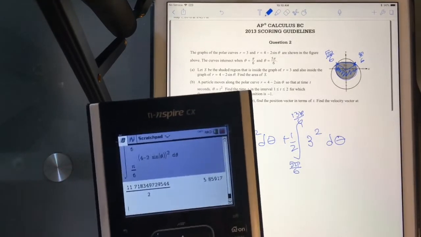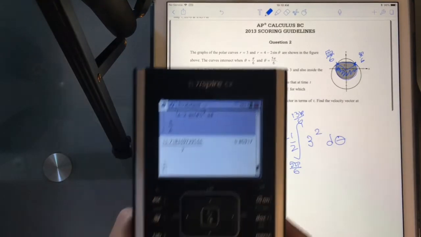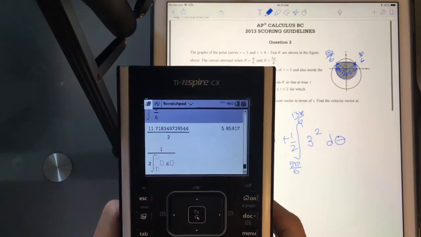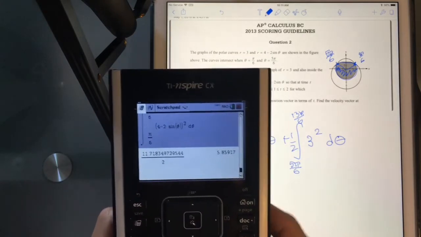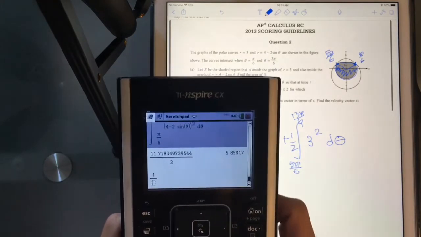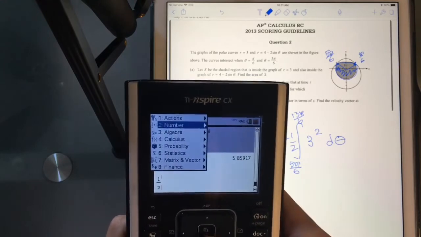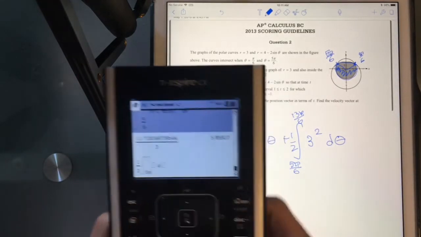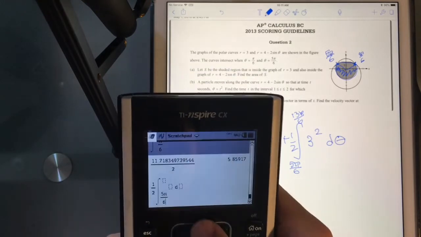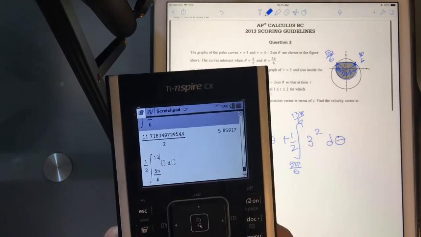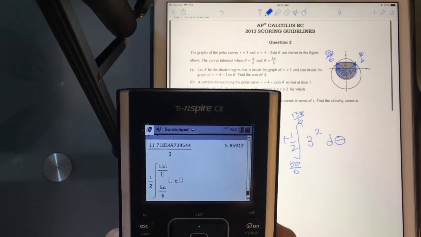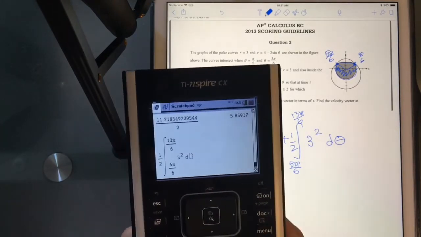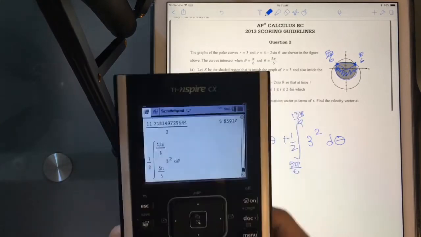To do this part, we'll start with the 1/2 first. Go to calc, numerical integral from 5 pi over 6 to 13 pi over 6, 3 squared, d theta.